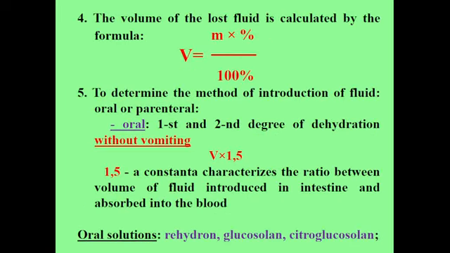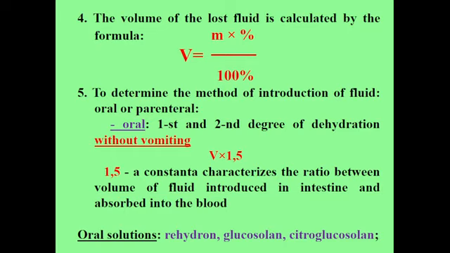The easiest method: the volume of the lost fluid is calculated by the formula body mass multiplied by the percentage of body mass lost, divided by 100%. Then we get the volume of fluids you should give to the patient.